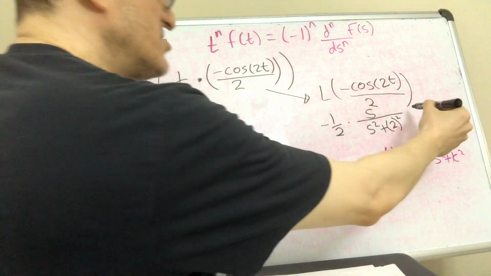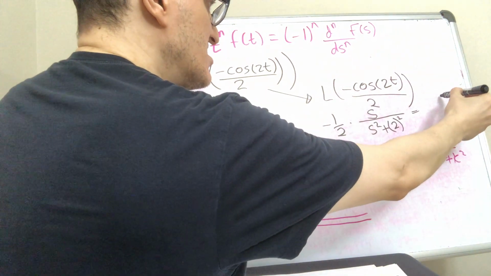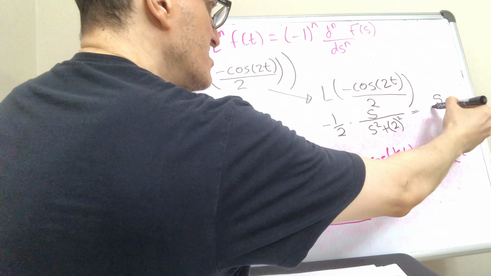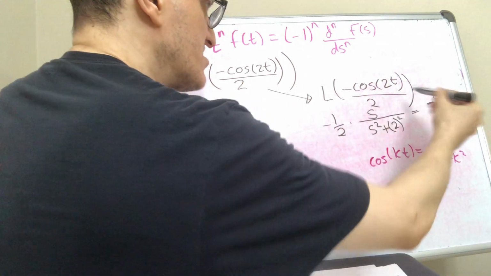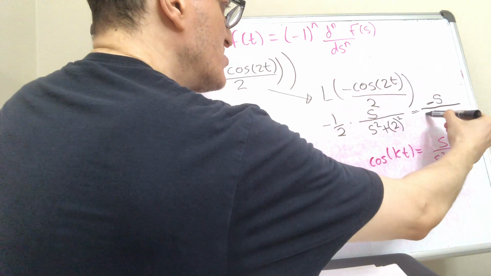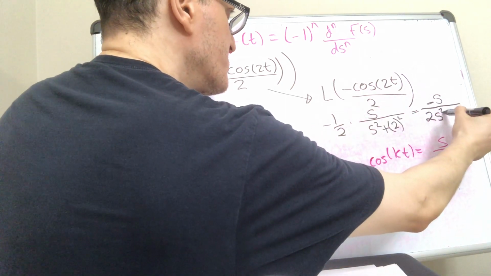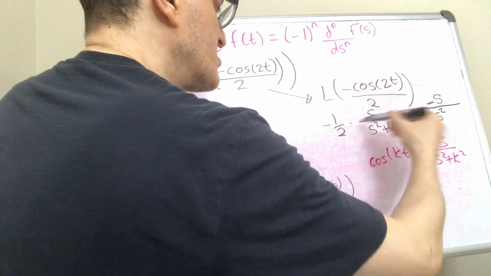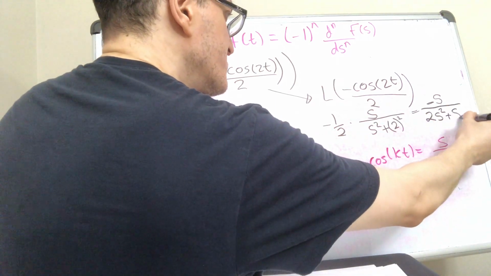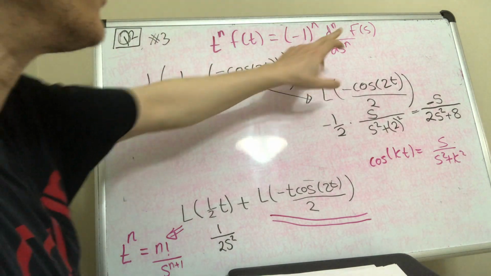So the expansion is s on top. You can put the negative with it, doesn't matter. And in the bottom you have 2 s squared, and 4 times 2 is 8. So this is the expansion of this.